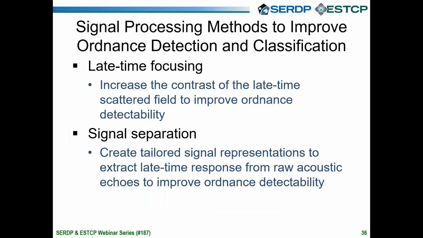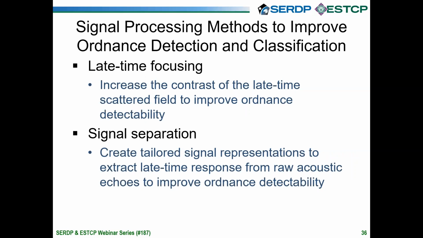We're going to look at two different signal processing approaches here. One, late time focusing. So can we adapt our image reconstruction, our image formation algorithms, so that instead of having the late returning energy be defocused into the scene, can we collapse it and improve its contrast, boost its level against the background?